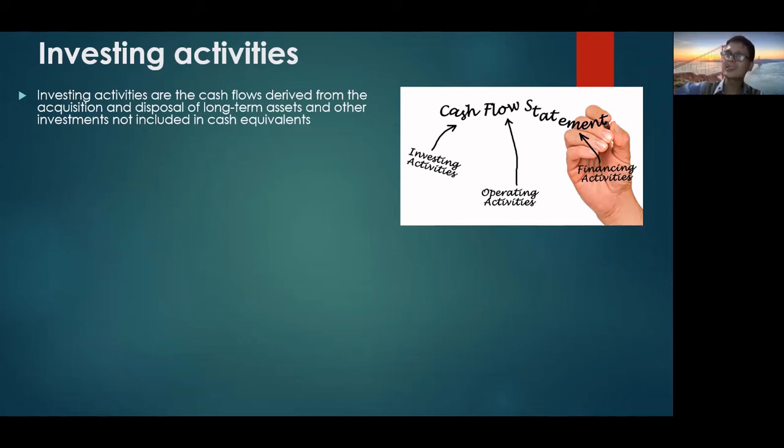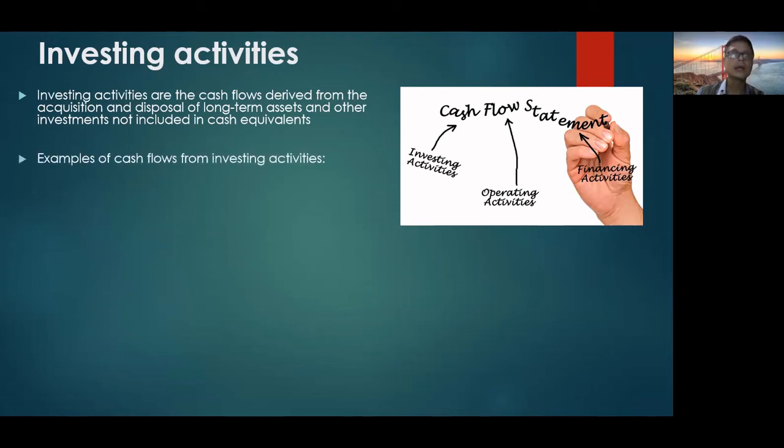Now, upon the sale of that same building, that is an inflow, no? These are normally located in the non-current section of the balance sheet, in other investments not included in the cash equivalents.